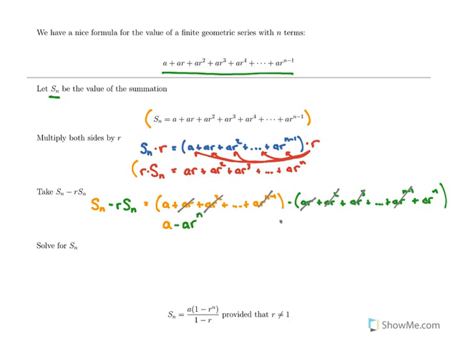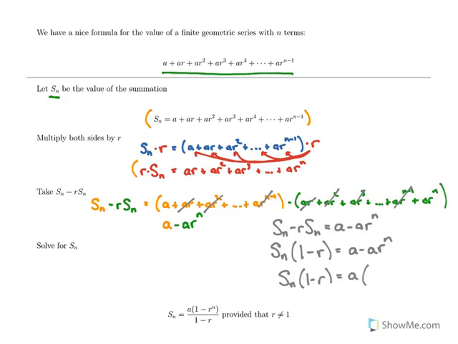So we have in total Sn minus R times Sn is equal to A minus AR to the n. And if I factor out an Sn, I have Sn times 1 minus R equal to A minus AR to the n. And we'll do one more step here. If I take out an A on the other side, we're left with A times 1 minus R to the n.